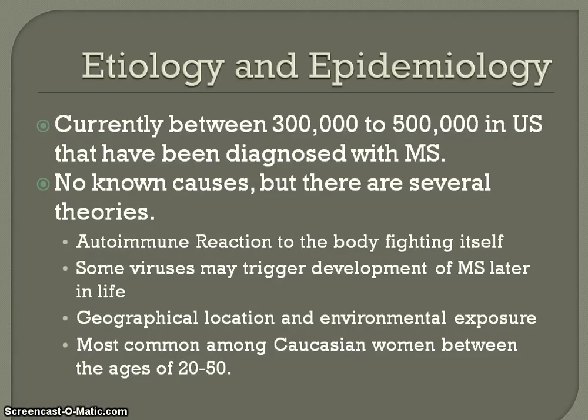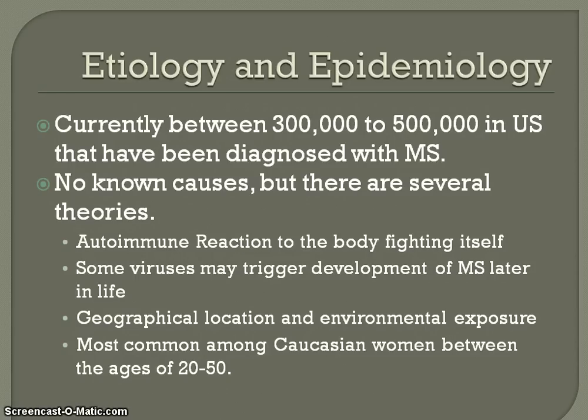Sometimes they do a lumbar puncture, and then just talking with the patient, and that's pretty much how you diagnose MS. About 200 people are diagnosed with MS every week, and worldwide there are about 2.5 million people affected with the disease.